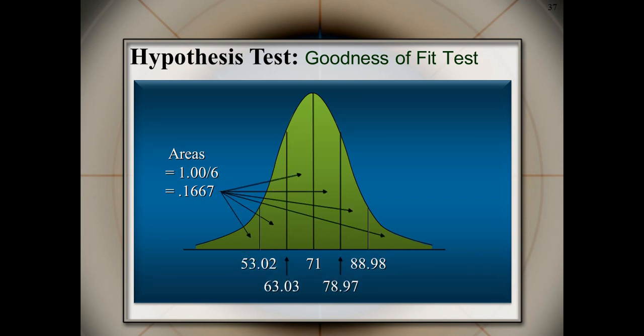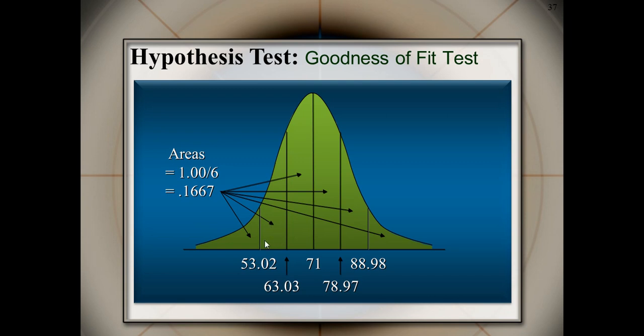Now since I know the probability for this particular area is 0.167, I can look at the normal distribution table and find the z value. Since I know the z, the mean, that's 71, and the standard deviation, I can find the x value, which in this case is going to be 53.02.